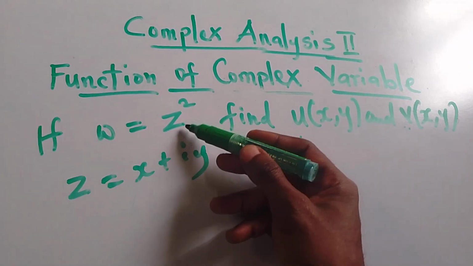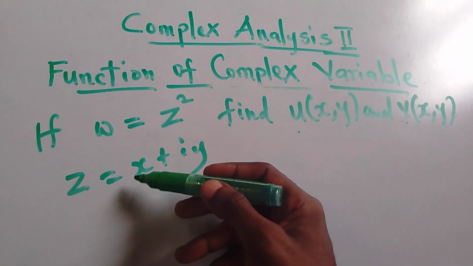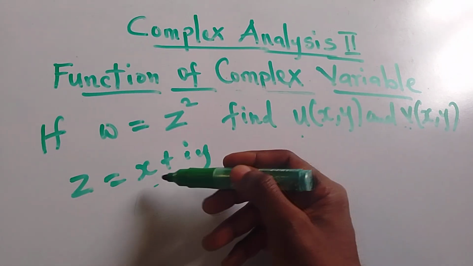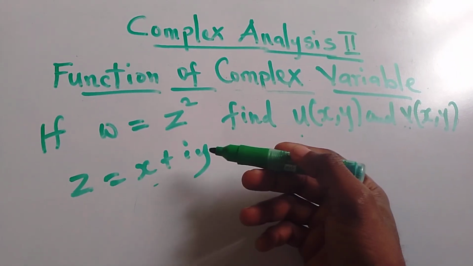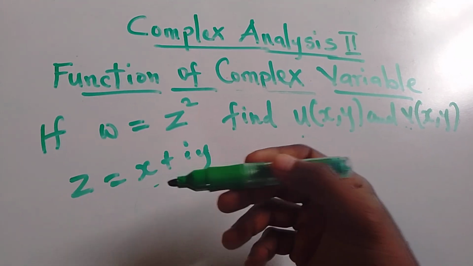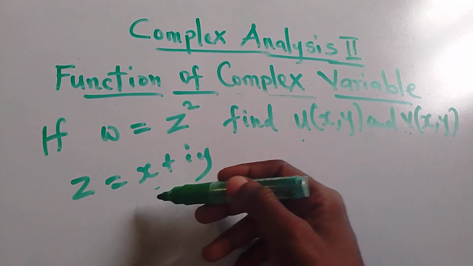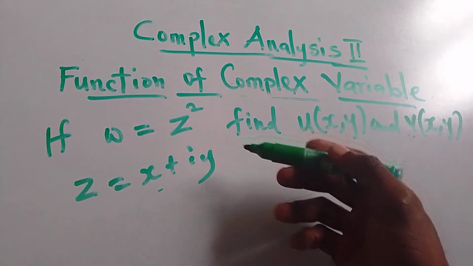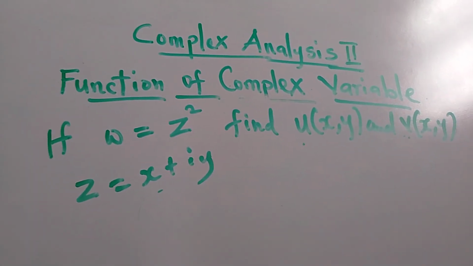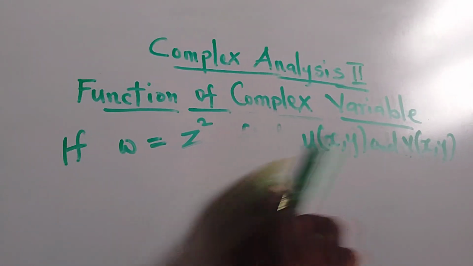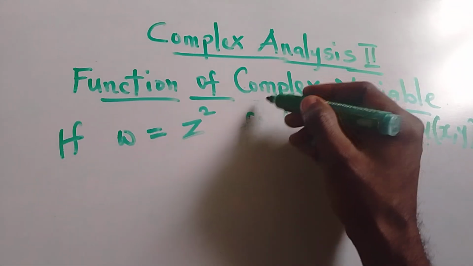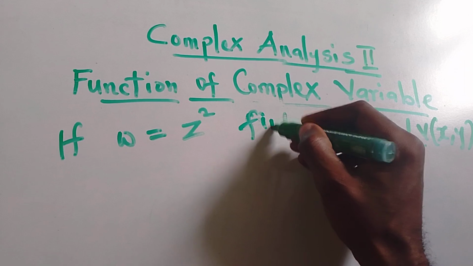So if the value of z is not given, you just take z as x plus iy. This is a complex number where x represents the real part and iy represents the imaginary part of the complex number.